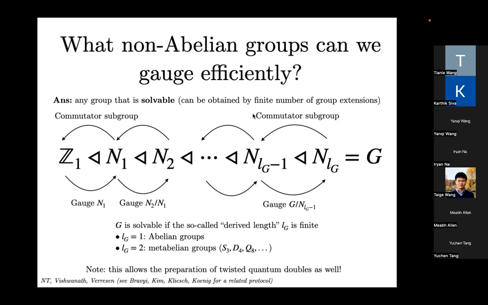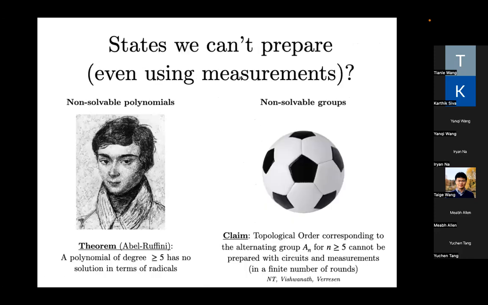Now, I'm about to say that you might think this is too powerful. Like, can we just prepare everything in the universe now? Now, it turns out that there are certain groups that are too complicated to be prepared by this. And this has a surprising connection to some mathematics known as solvability. So you might have heard that the quintic doesn't have a solution in terms of radicals.